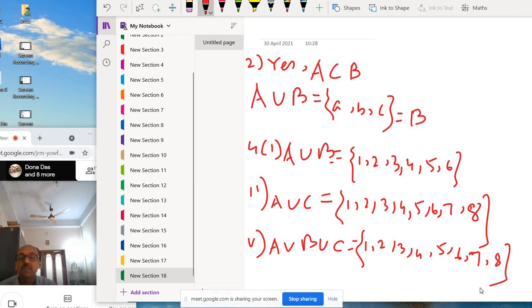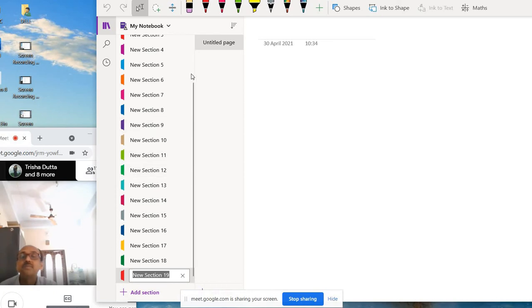Next, the intersection. Intersection means common only. Say, question is x equal to 1, 3, 5 and y equal to 1, 2, 3.